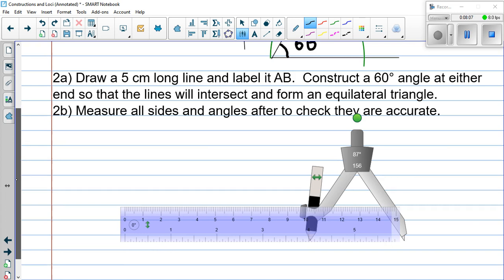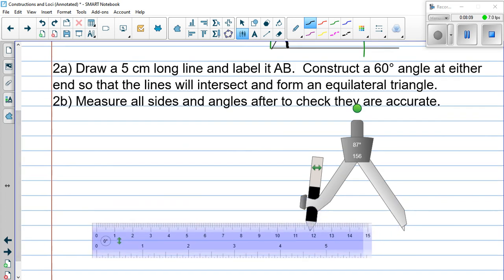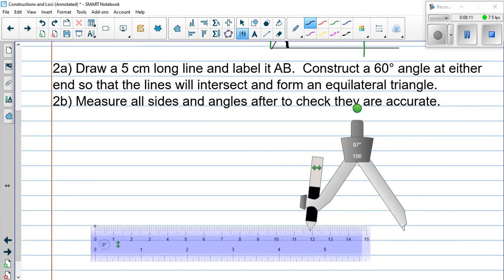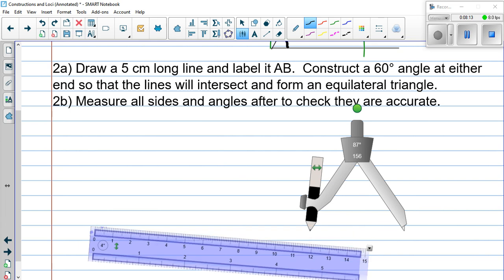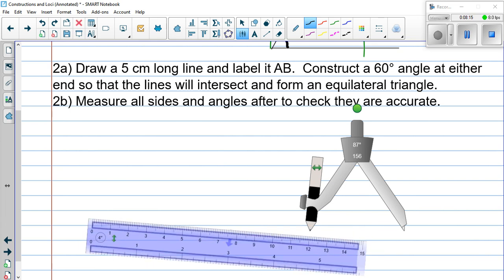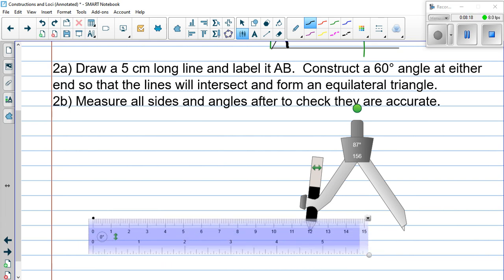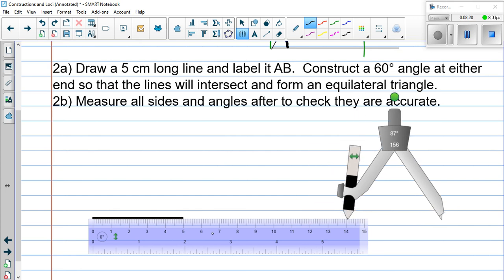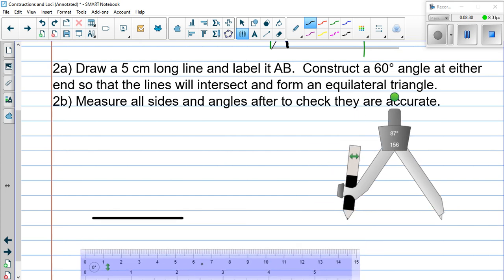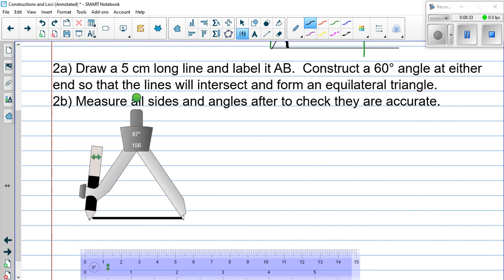So the reason I said 5 centimeters is because when you check at the end, we hope that your other measurements will be 5 centimeters as well. So that's why if you did not do it to 5 centimeters at the get-go, well, they should just line up with your values. So there we go. Mine's a little bit off 5 centimeters, but technology sometimes can be a hindrance more than a helper.